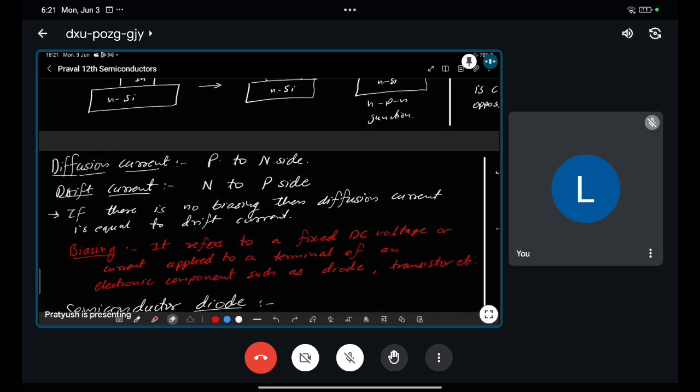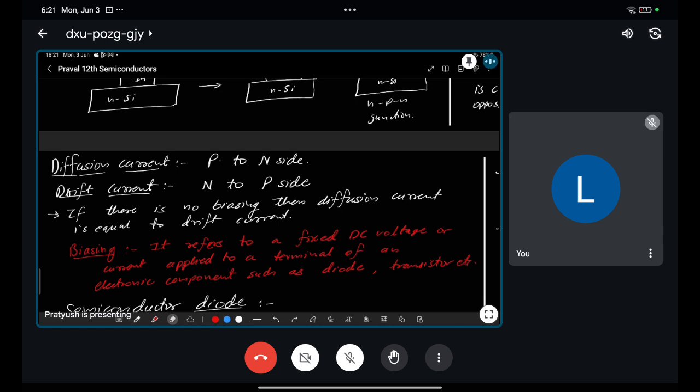Next, we doped them with impurities, pentavalent or trivalent, so that we formed the N-type semiconductor or P-type semiconductor. These were extrinsic semiconductors. Now these N-type and P-type semiconductors, we joined them together and we got a PN junction.